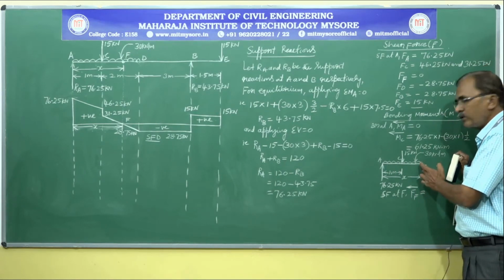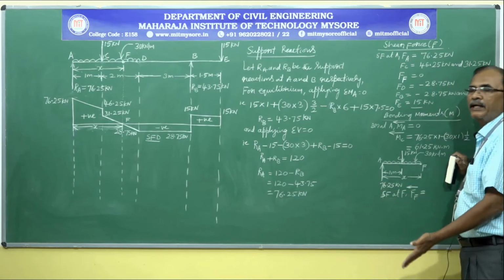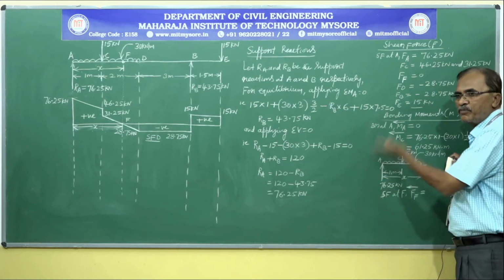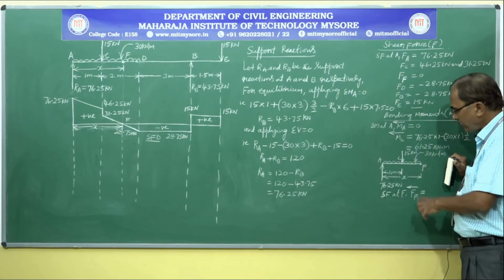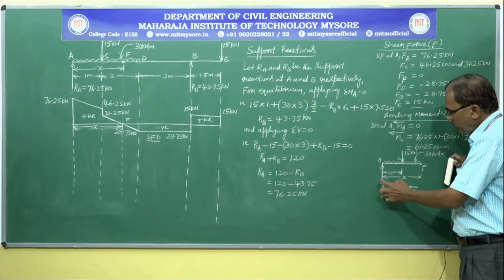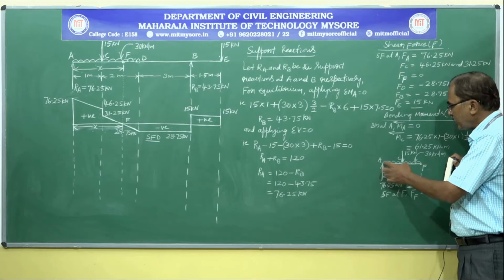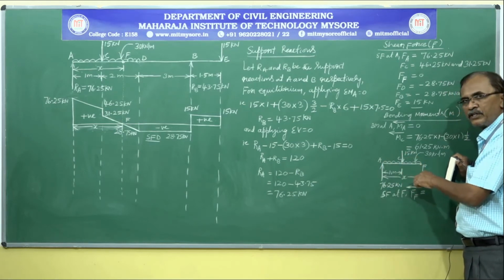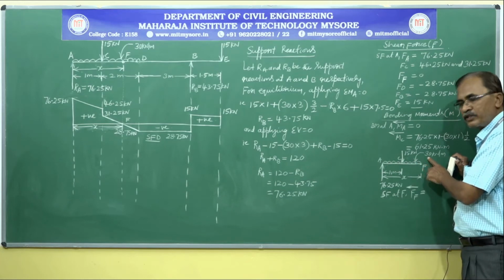If we consider forces to the left of the point to calculate shear force, treat upward force as positive, automatically the downward force will be negative. Here first identify the number of loads. A reaction of 76.25 kilonewton acting in the upward direction, a point load acting in the downward direction, 15 kilonewton, and another UDL acting in the downward direction.